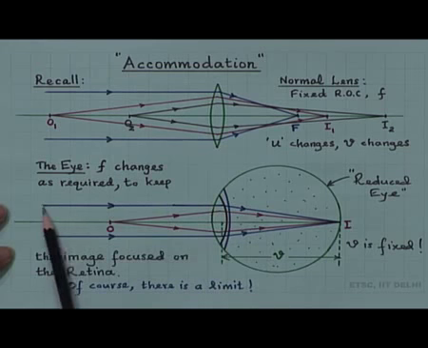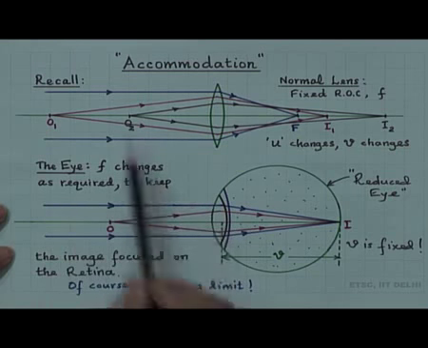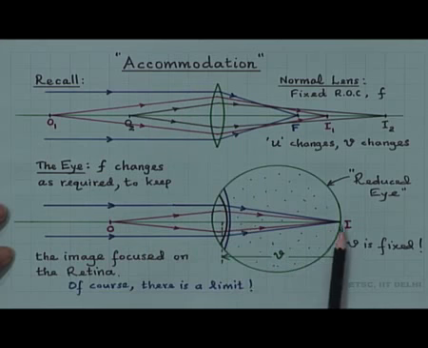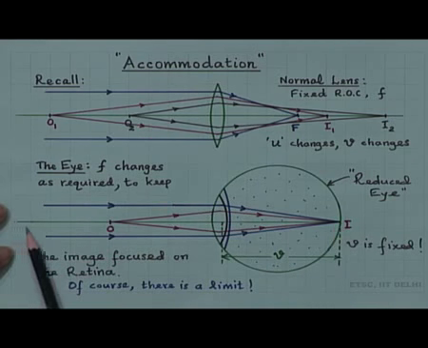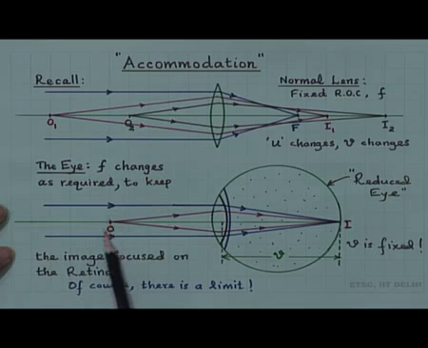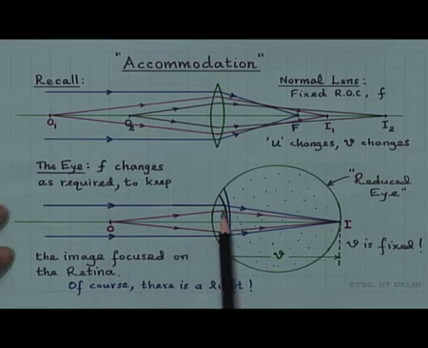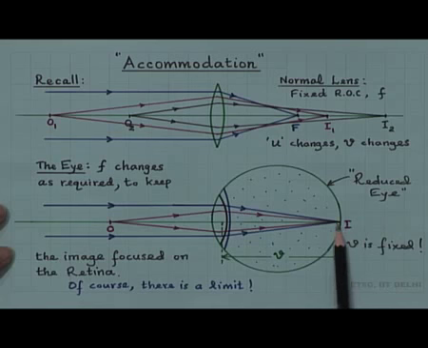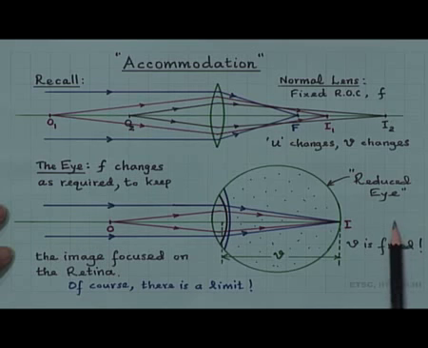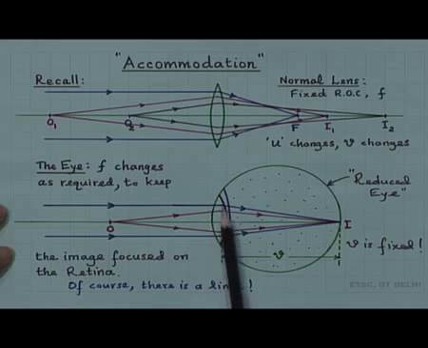First, let us look at the parallel rays as here. It gets focused on the retina here. Now, when the object comes closer, I have taken one position here, a point object here, then unless the focal length reduces, the image would have come outside, the image plane where the image is formed would have been outside, but now the lens compresses. That is why I have shown a second lens.